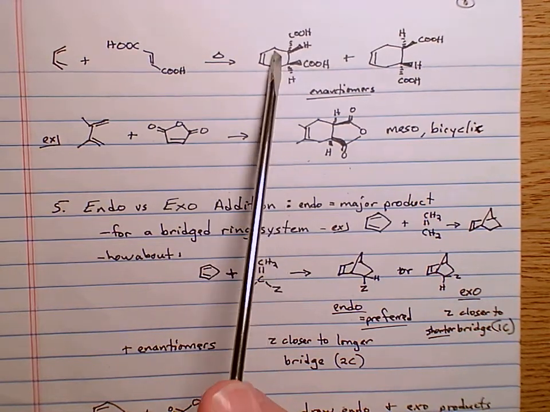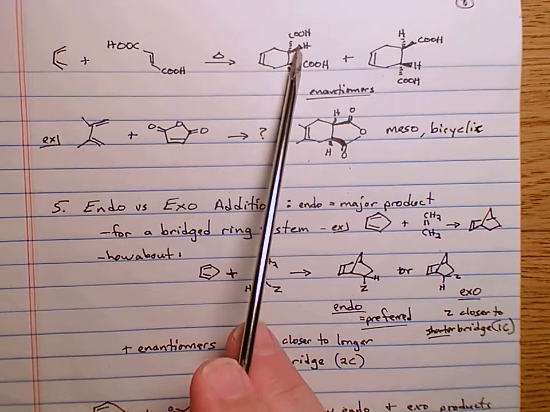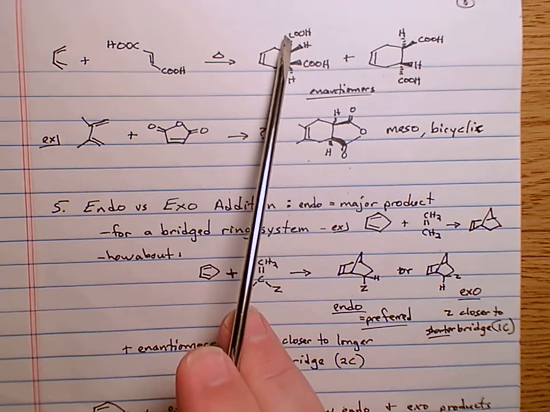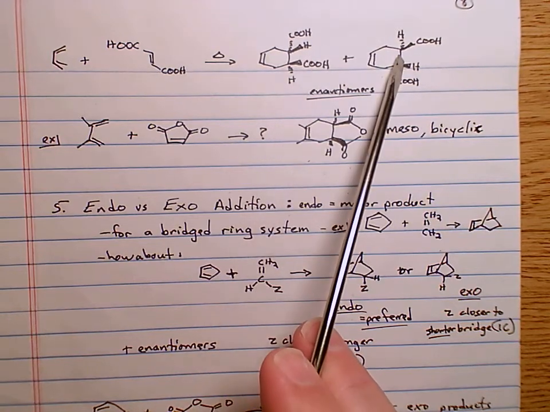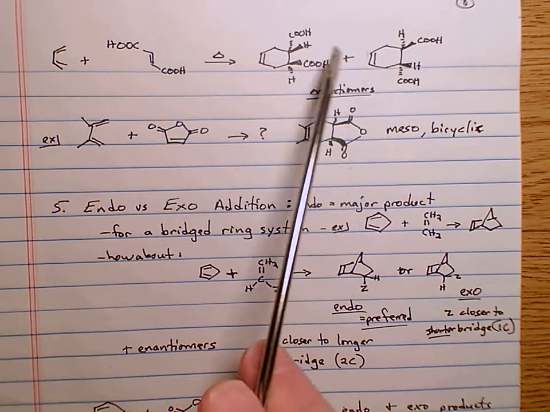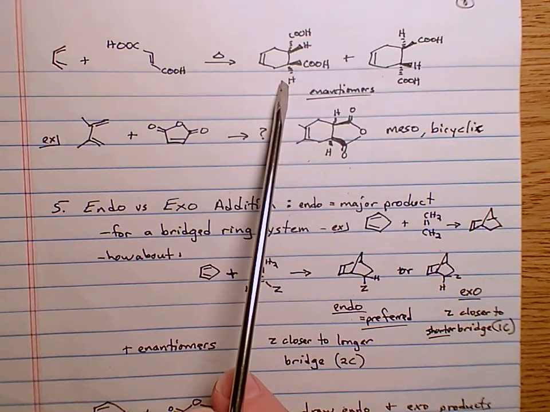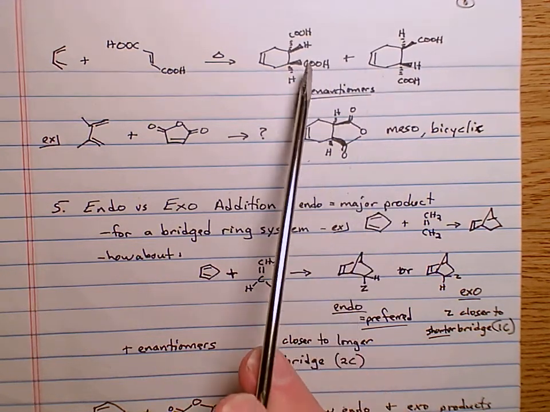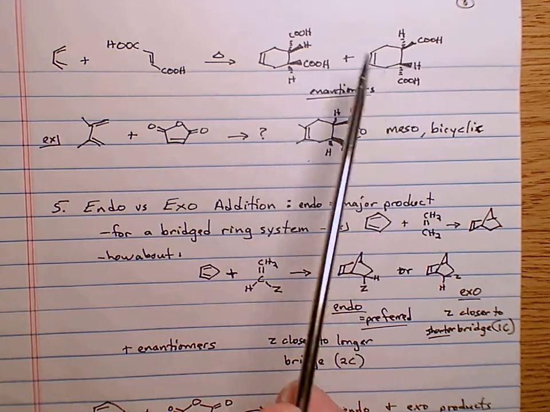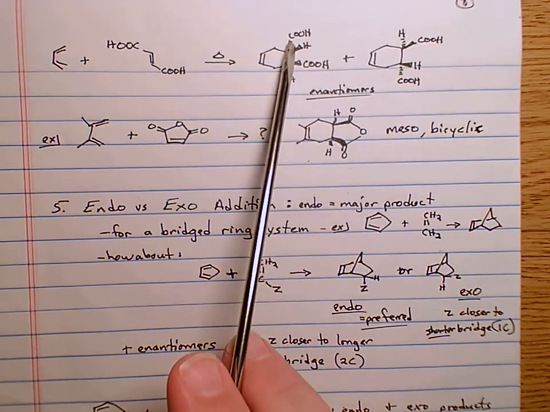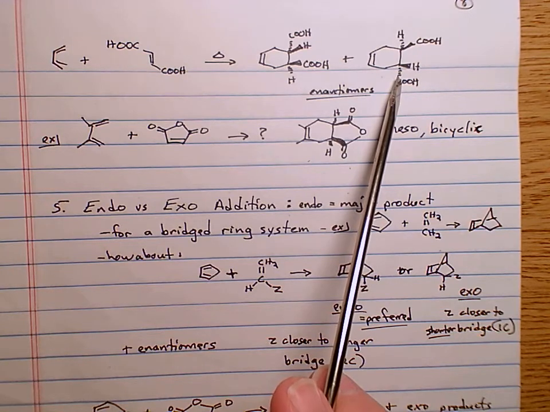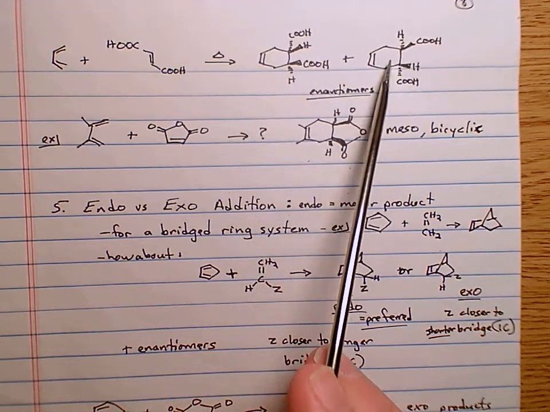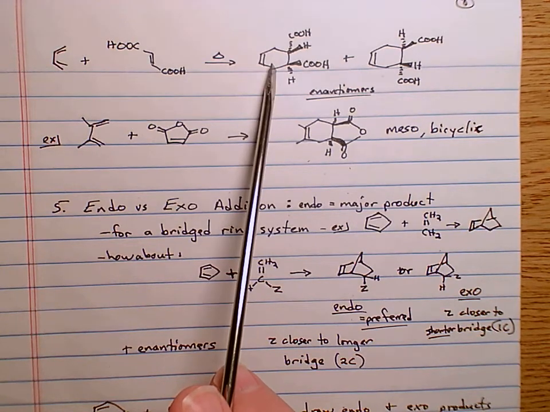So if I switch the H and the COOH on the top one, make the H be going back and the COOH coming out, and do the same on the bottom, with the H coming out and the COOH going back, then I've switched 2 groups on both chiral carbons. I now know this is the enantiomer, the mirror image of that.